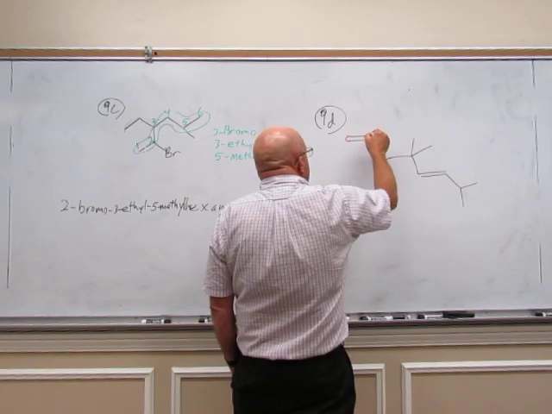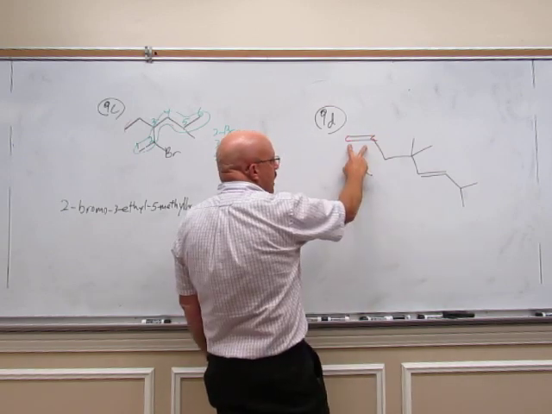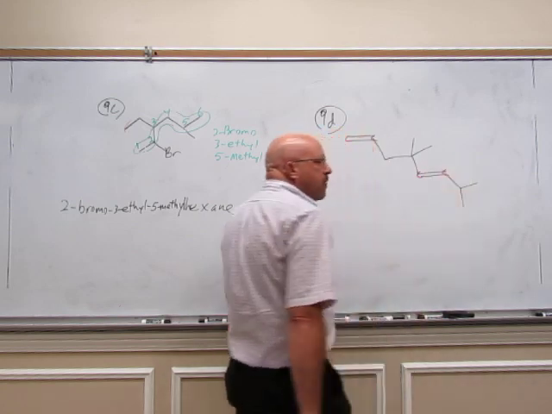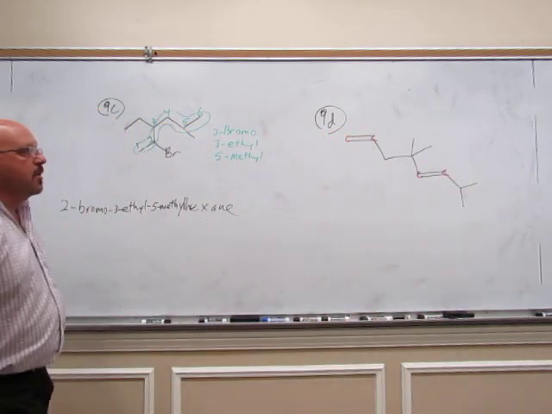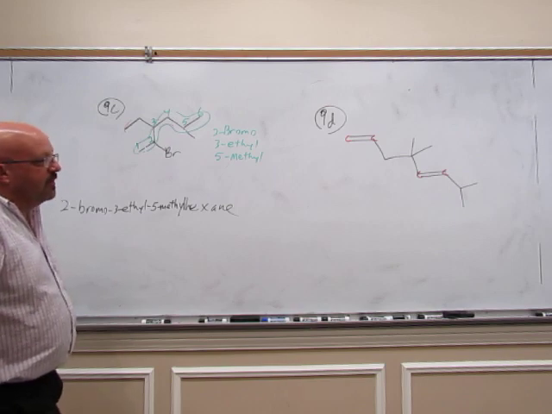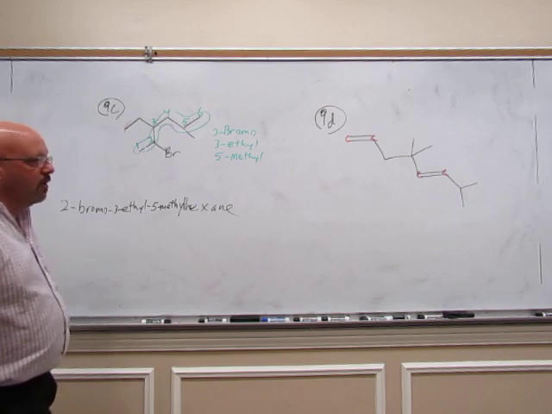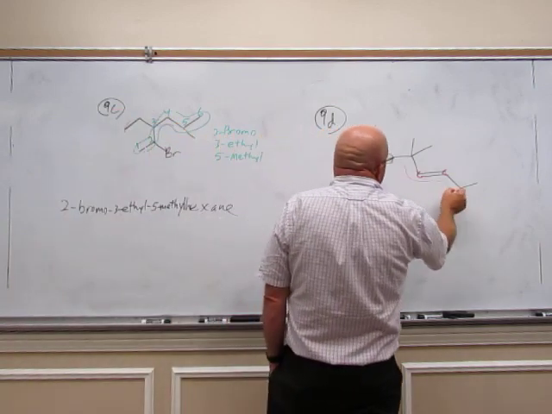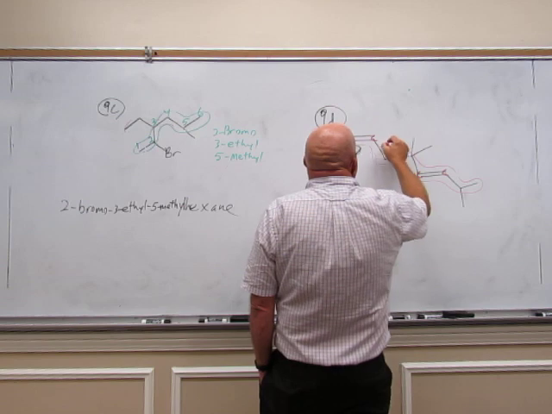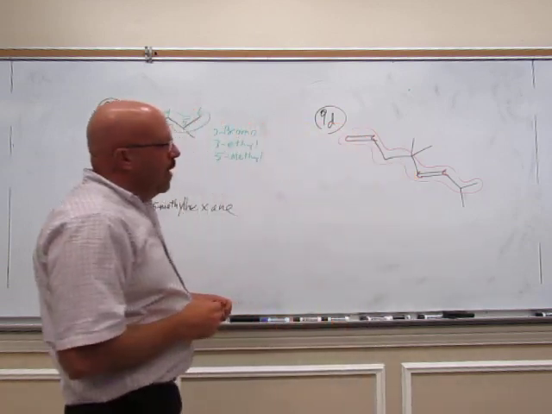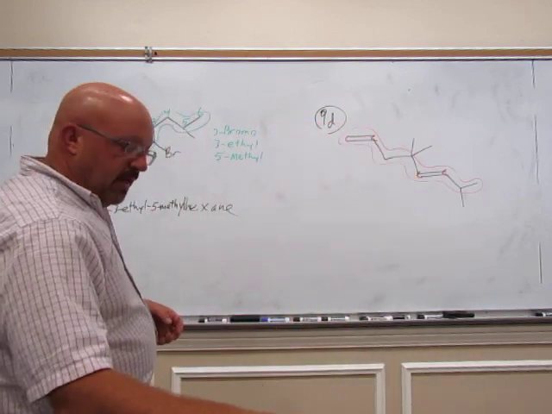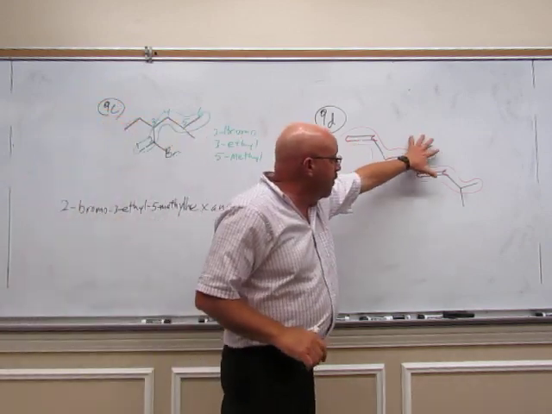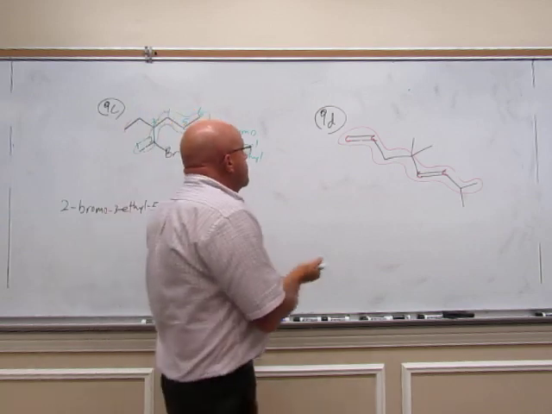So with this one here, I must include both of those carbons in my parent chain. Well, with this double bond, I must also include both of those carbons in my parent chain. So I must find the longest carbon chain that contains all 4 of those carbons. That one there. We're going to number our chain to give the double bonds as low a number as possible. Remember, the double bonds take precedence over our substituents.